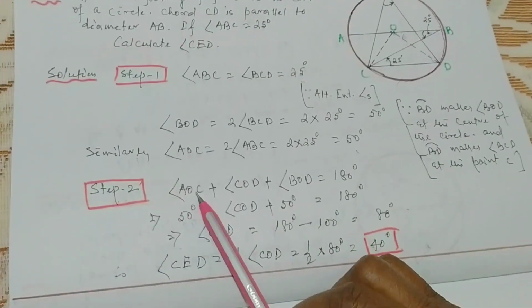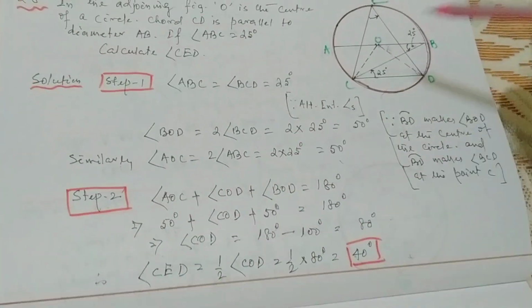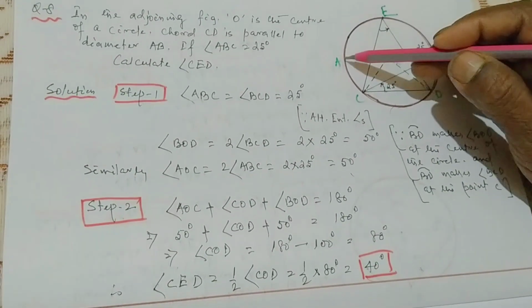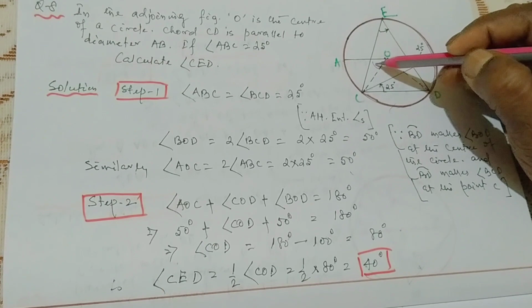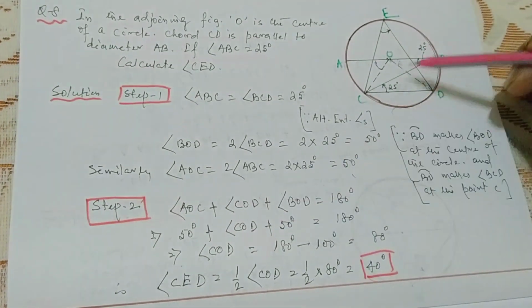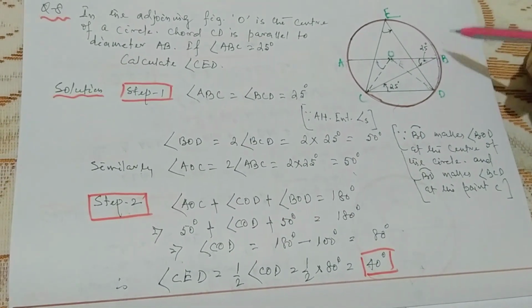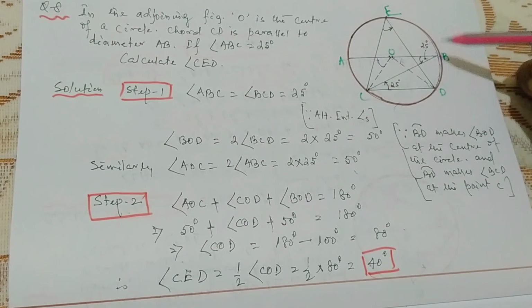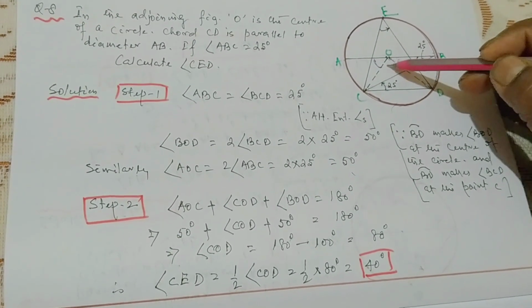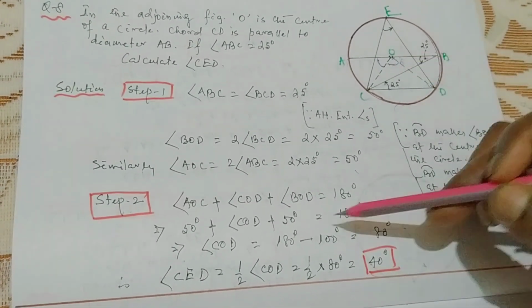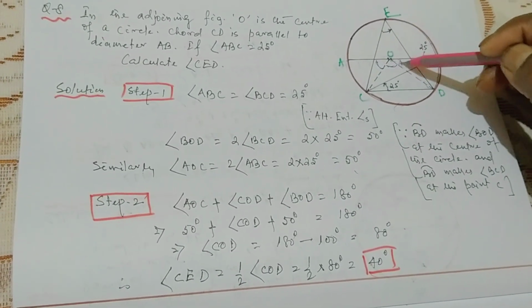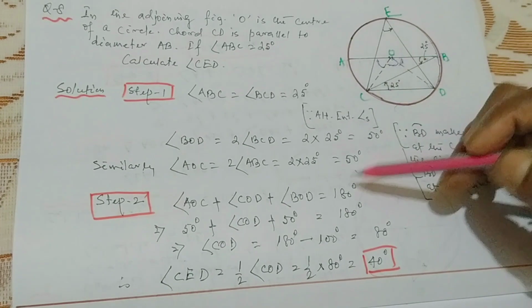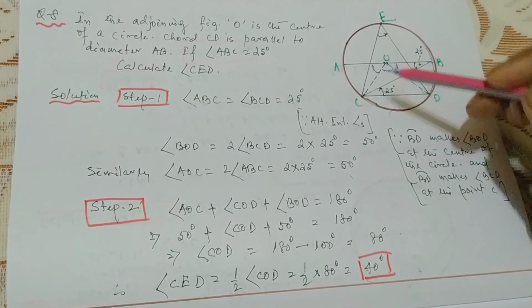Step 2. Angle AOC plus angle COD plus angle BOD, the sum of these three angles is equal to 180 degree.